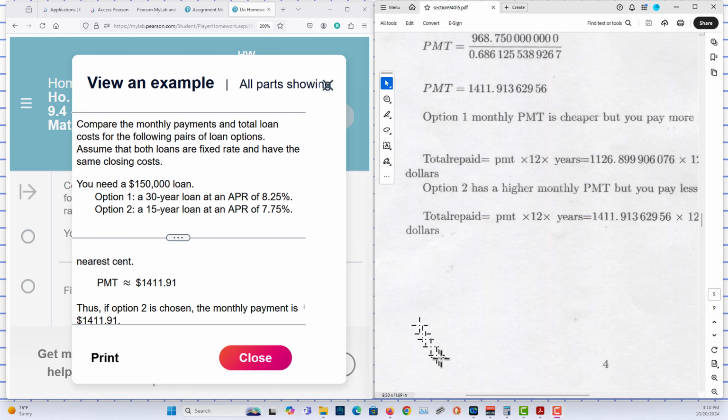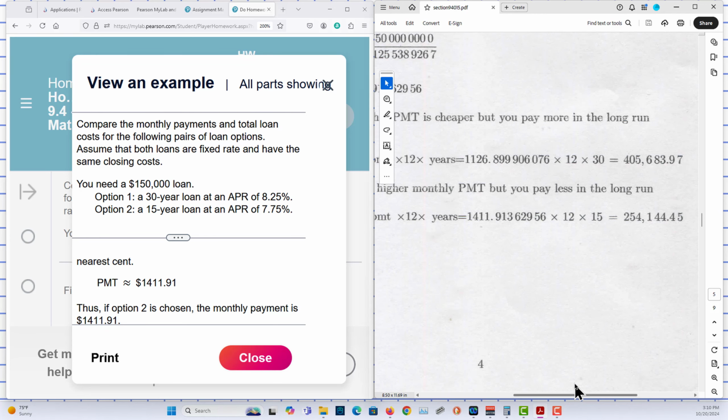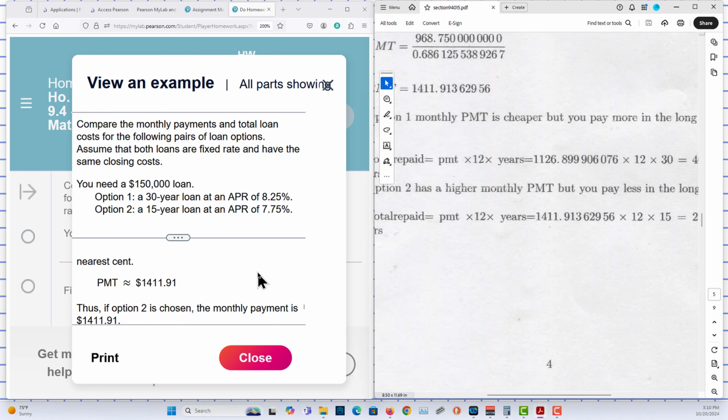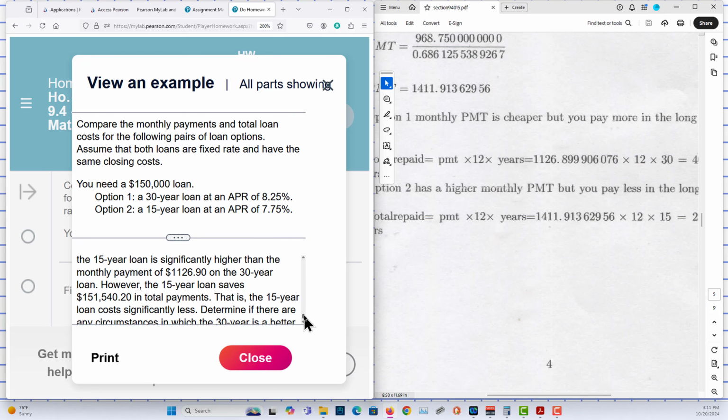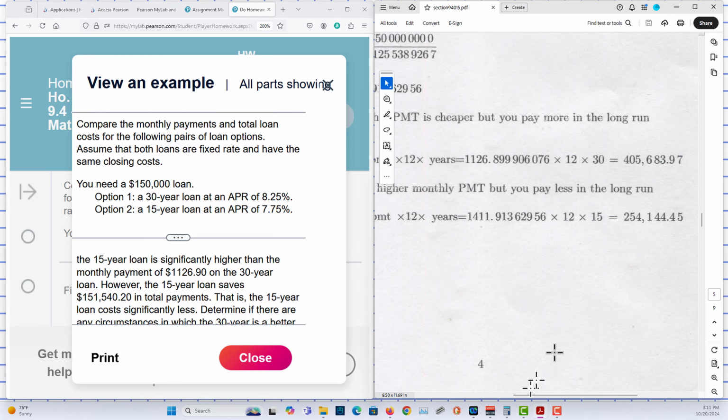So you can see the difference in the amounts that you're paying. If you notice this here, they're also saying that how much you're going to save is going to be the difference between the two.